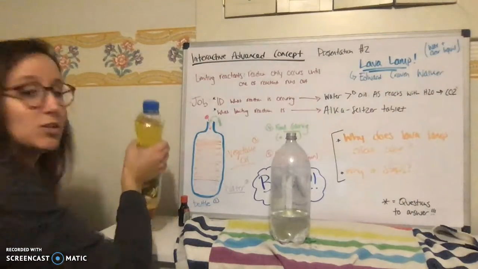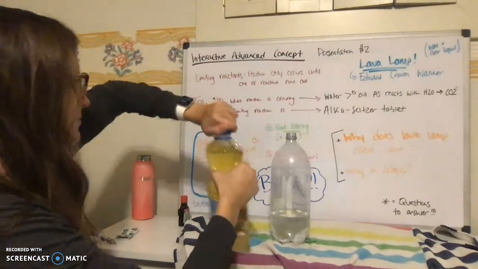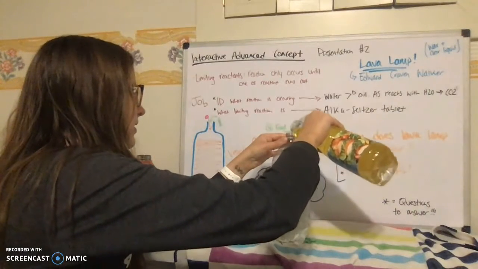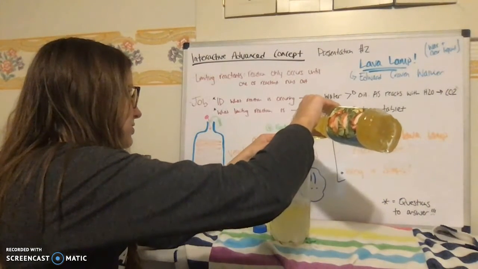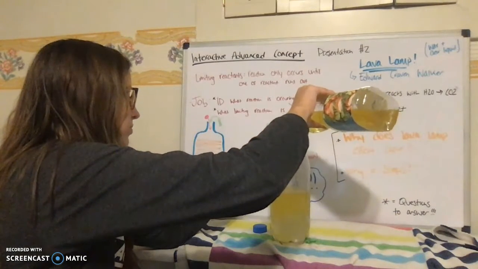Next we are going to take our vegetable oil and dump it in. I'm going to try to do a little better this time. There we go. As you can see, the water and the oil are interacting right now as I pour it in.